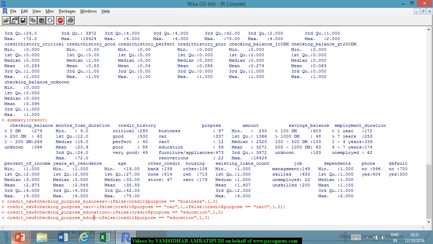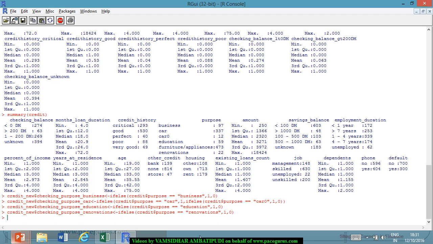So let me do renovations as another variable. This kind of dummy variable creation I am typically performing. Then amount is fine, and savings balance also. The same logic I have to apply for savings balance.